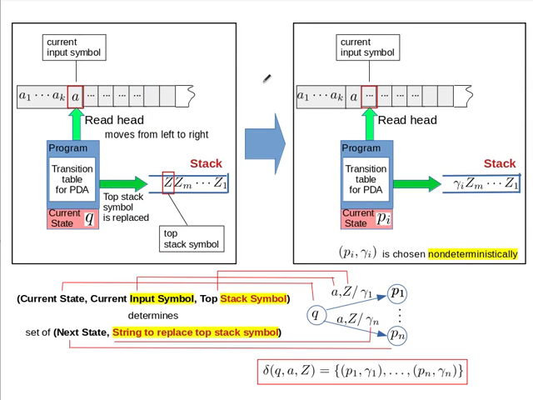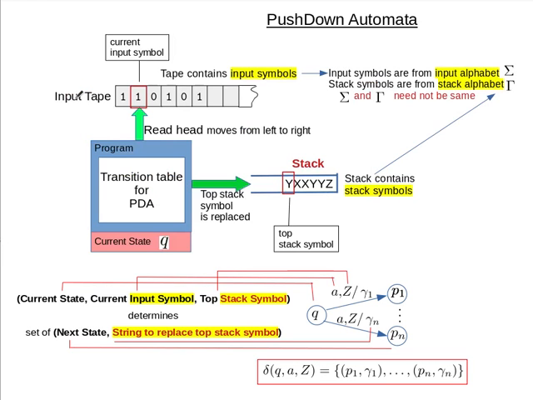So just to make it more clear, if you have such a transition, and suppose you have already partially processed your input. This is your input consisting of input symbols. These A's are coming from what? This input alphabet sigma, right?